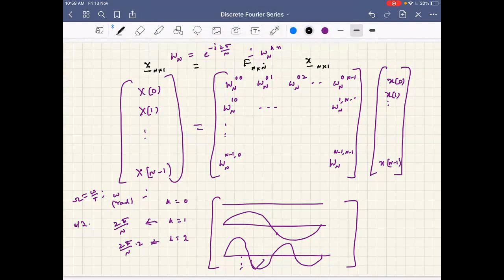Now if I want X bar, the frequency domain is here. You can consider it DFT, though I didn't define it, discrete Fourier transform, or discrete Fourier series, or whatever you consider. I will write Fourier transform.